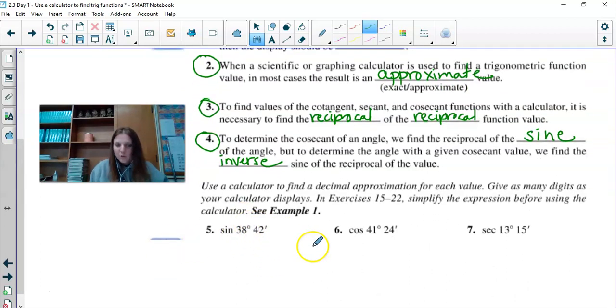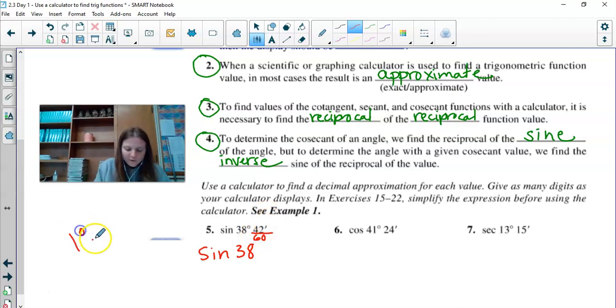So if I want to use the calculator for this, the problem is this is minutes. And so far, we don't know how to put minutes into a calculator. So what you can do is bring out the 38 degrees, and we're going to figure out how many minutes this equals. So as we did it before, 1 degree equals 60 minutes.